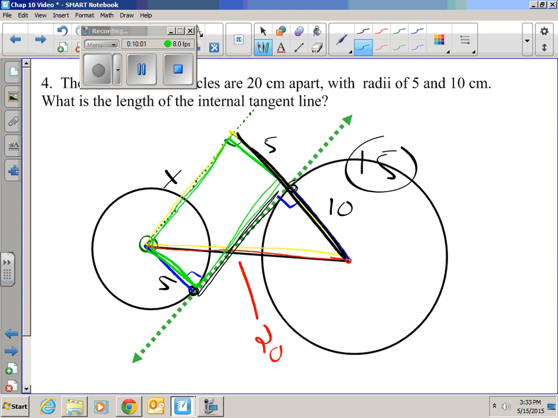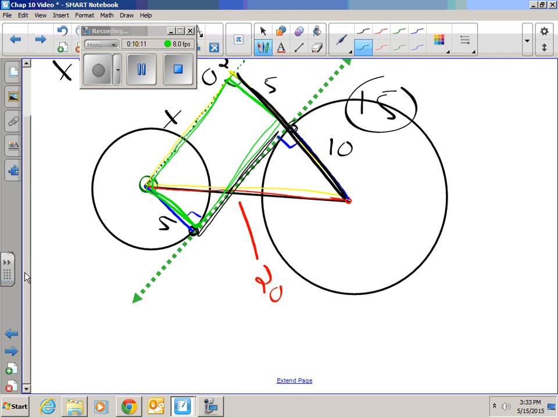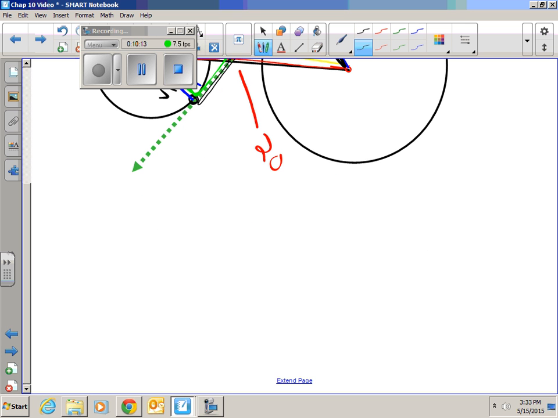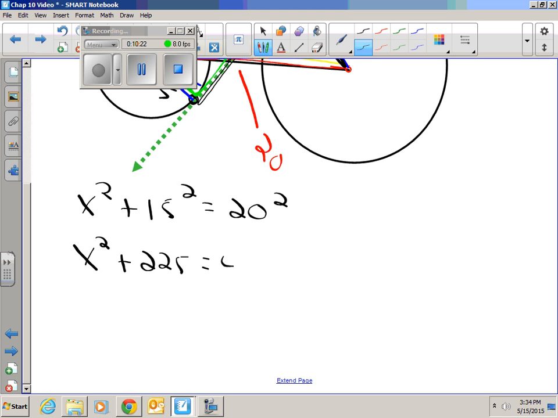So I now have a right triangle where x squared plus 15 squared is equal to 20 squared. I'm going to go down so we can figure that out. So x squared plus 225 is equal to 400.